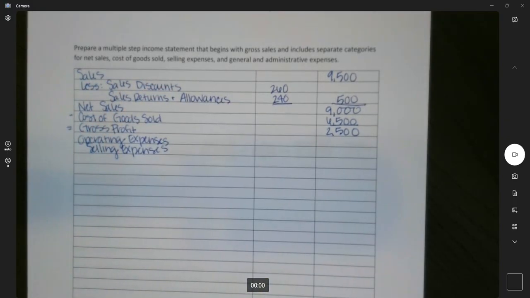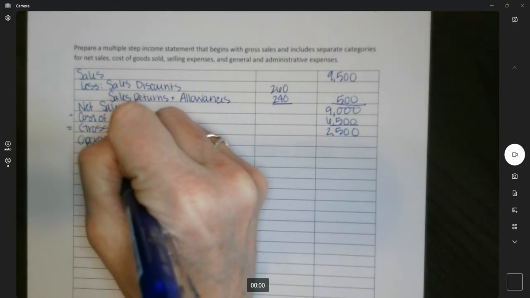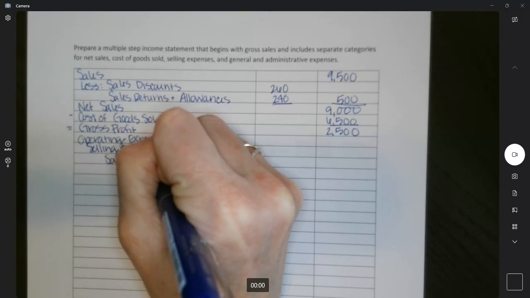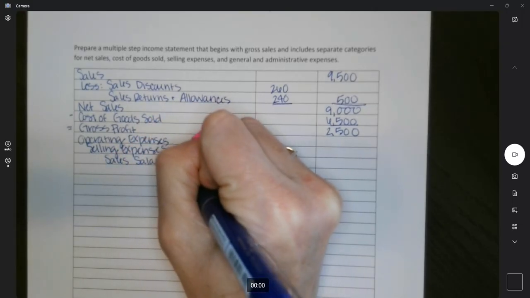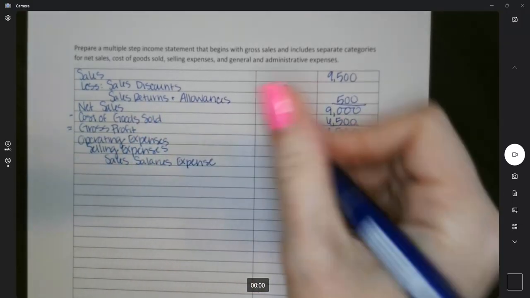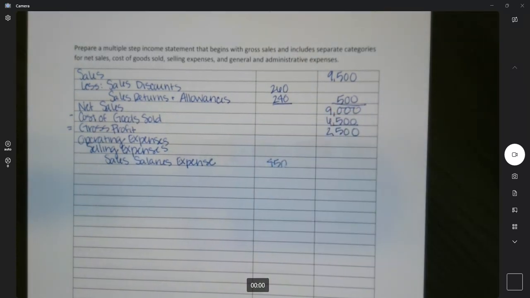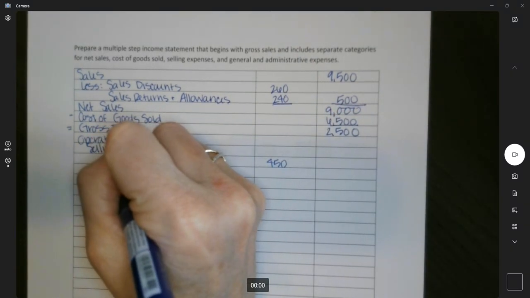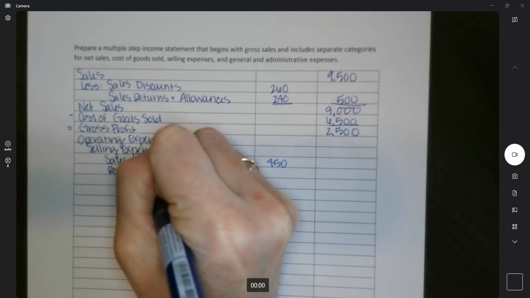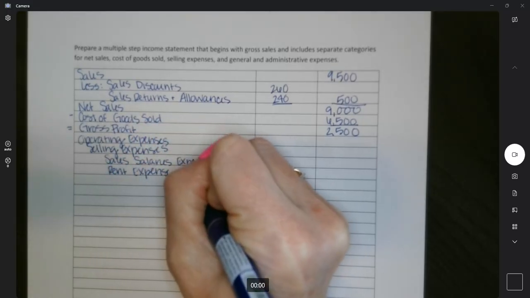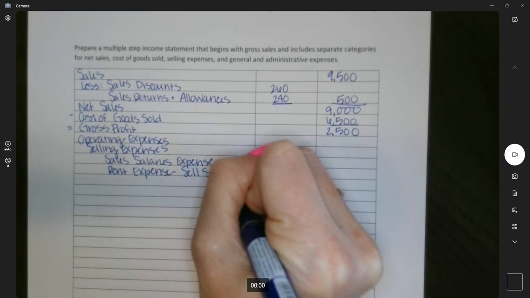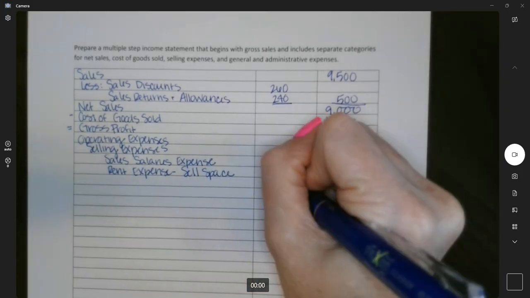The selling expenses that are involved here include sales salaries expense, and that's $450. And then we have rent expense for the selling space. That's $400.